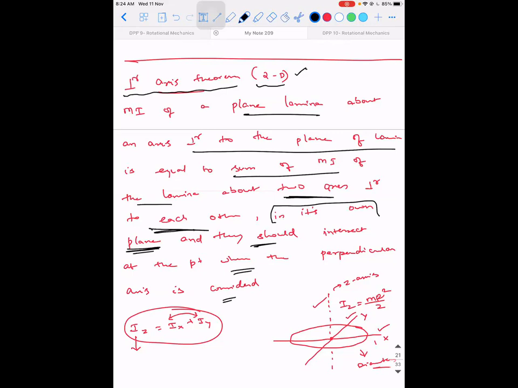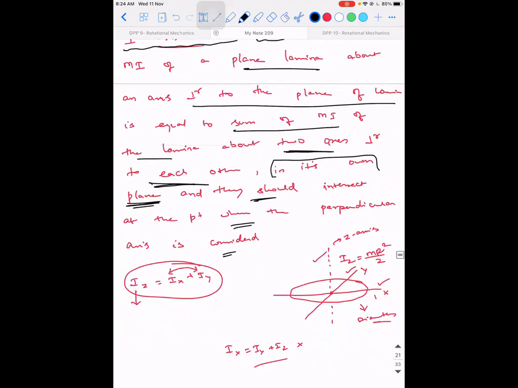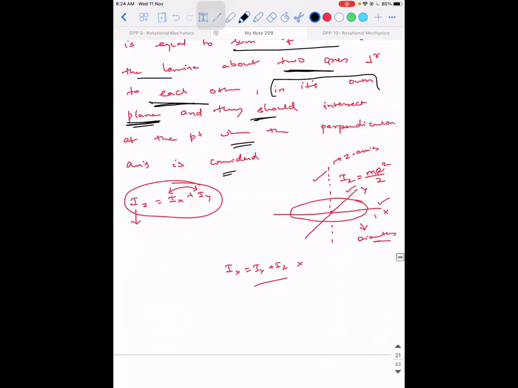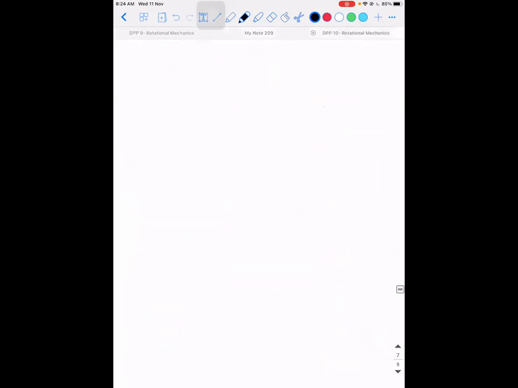The diameter is definitely going to pass through its center. Right, so be very careful. You cannot apply perpendicular axis theorem to a 3-dimensional object at all. You can apply it only for a 2-dimensional object. Clear, guys? Yes, sir.